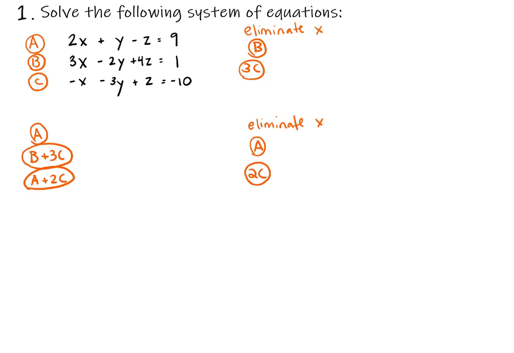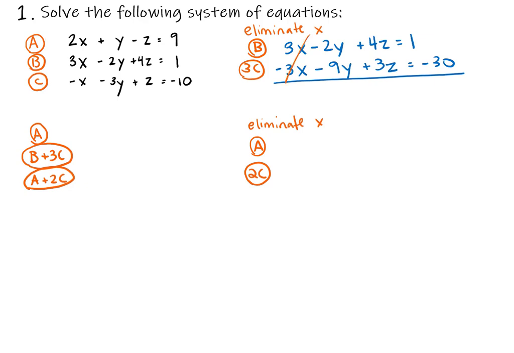Writing b, we get 3x minus 2y plus 4z is equal to 1. Writing 3c, I get negative 3x minus 9y plus 3z is equal to negative 30.